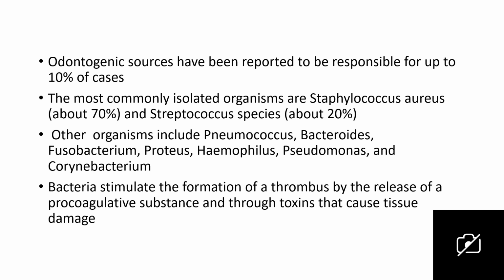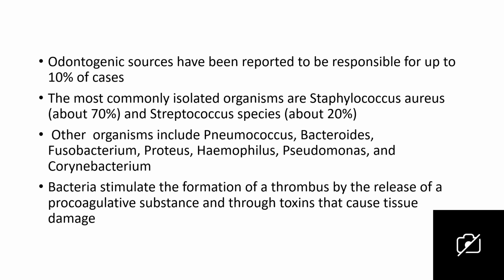The most commonly isolated organisms are Staphylococcus aureus, which is about 70%, and Streptococcus species, which is about 20%. Other organisms include pneumococcus, Bacteroides, Fusobacterium, Proteus, Haemophilus, Pseudomonas, and Corynebacterium.